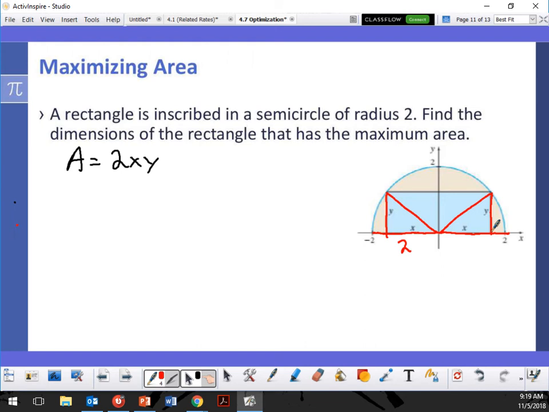All right, so just using the triangle, I know the area should be equal to 4 times x times y over 2.